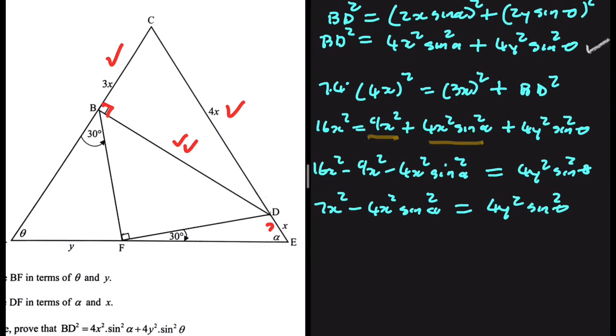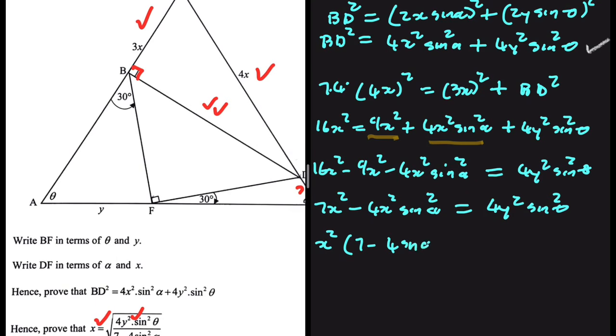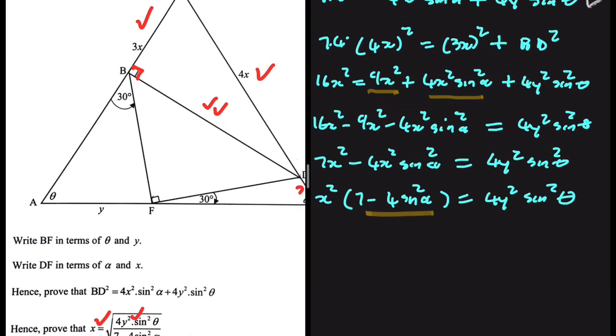So on the left-hand side, we can take x squared as a common factor. If we do that, we're going to have x squared multiplied by 7 minus 4 sine of alpha squared. This is all equal to 4y squared sine squared of theta. We can divide both sides by 7 minus 4 sine of alpha squared.